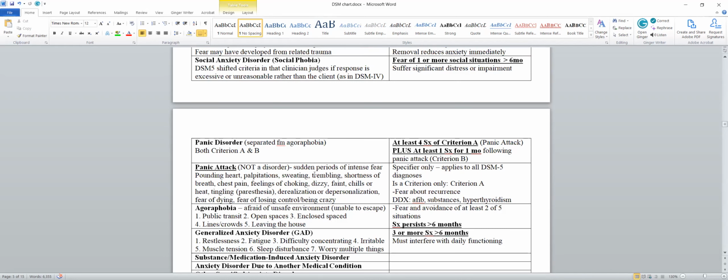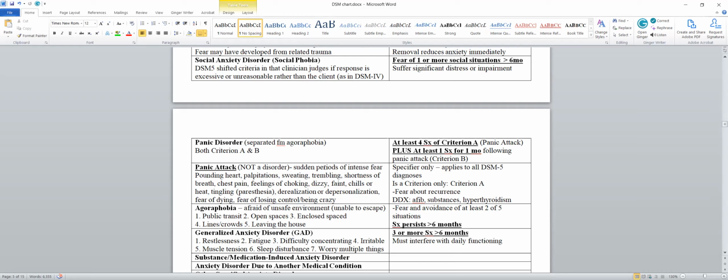It can be sudden periods of intense fear, like pounding heart, palpitations, sweating, trembling, shortness of breath, chest pain, feelings of choking, dizzy, faint, chills or heat, tingling, paresthesia, derealization or depersonalization, fear of dying, fear of losing control, being crazy.